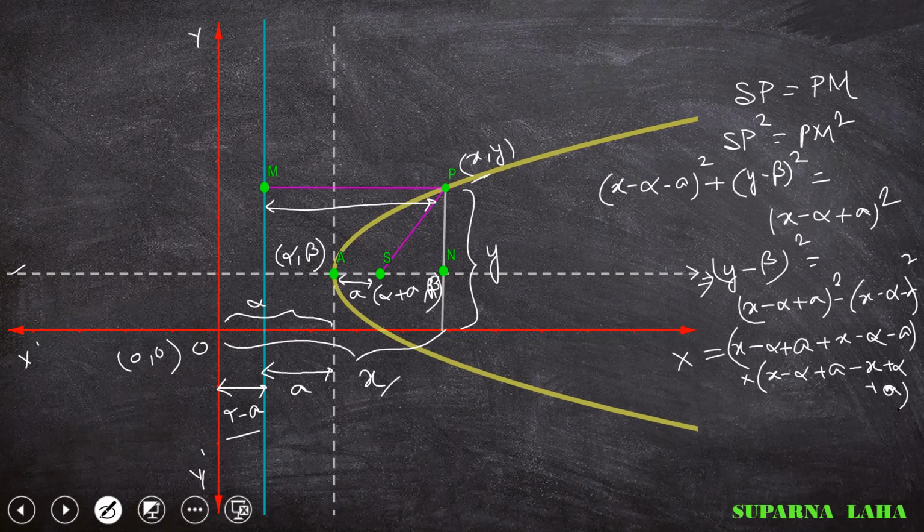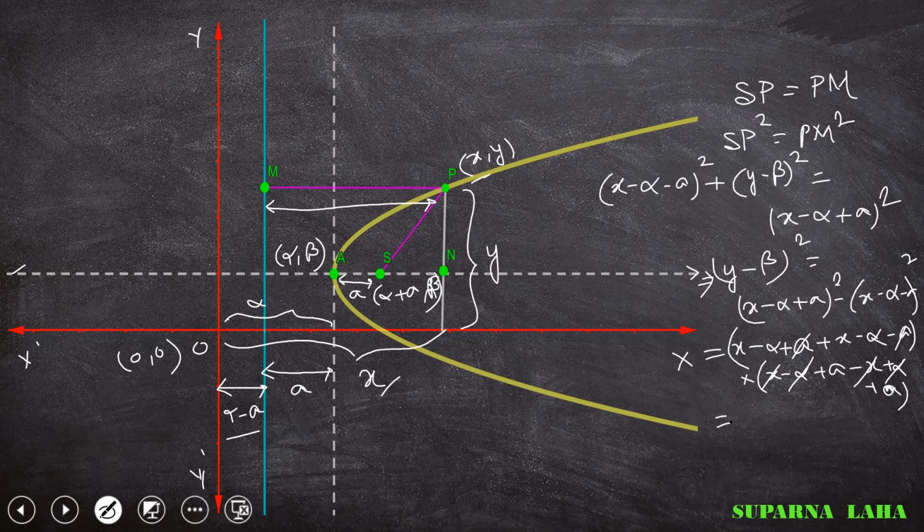So look here, a cancels, so that will be x minus alpha and x minus alpha. So 2 into x minus alpha, and here x cancels, alpha cancels, you can find 2a.